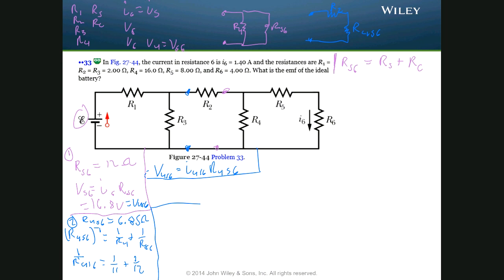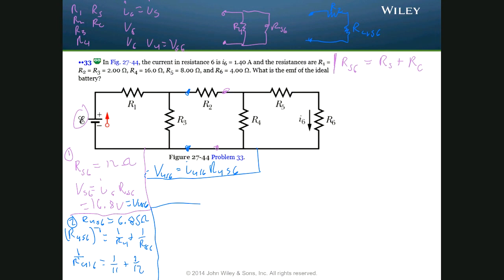And once we get all the way back, we'll have the current for the entire circuit. Once we have the current for the entire circuit and the equivalent resistance, it will be easy to solve for our epsilon naught. Okay? As you can see, keeping track of it is a little difficult. So, you know, we'll keep going.